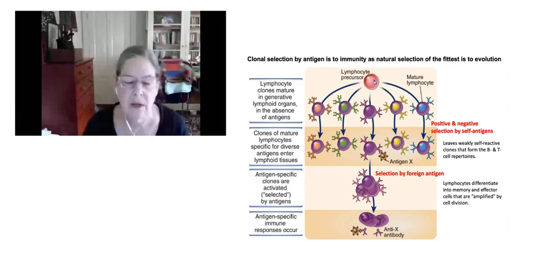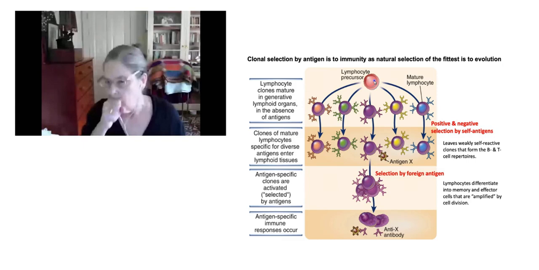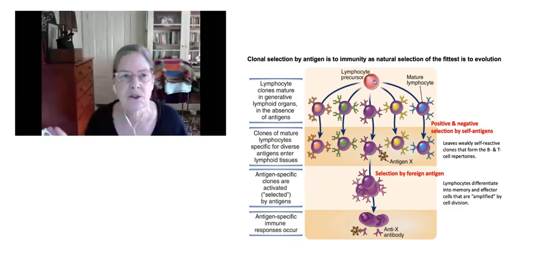They're going to rearrange their genes, either their T cell receptor genes or their B cell receptor genes, because in the germline, so in your germline genome, the genes encoding the T cell receptors and the B cell receptors are actually broken down into gene segments, which I'll get to later. Anyway, they rearrange, and that creates different antibodies or T cell receptors on the surface.